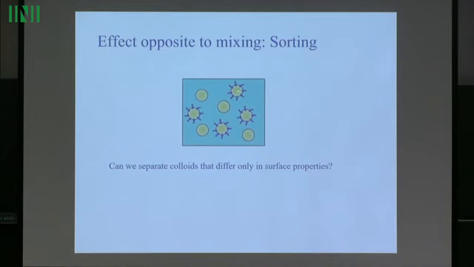Imagine that you have some biological tests and you have colloidal particles that are surface functionalized to absorb different biomolecules. For example, you have particles that have molecules that would like to see the director around them perpendicularly aligned, or you have particles that would like to see the director parallel to them.